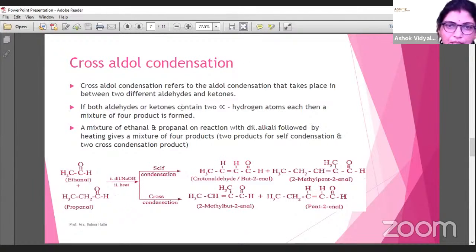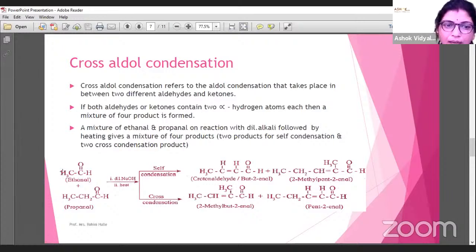First, see, cross aldol condensation refers to the aldol condensation that takes place between 2 different aldehydes or ketones.